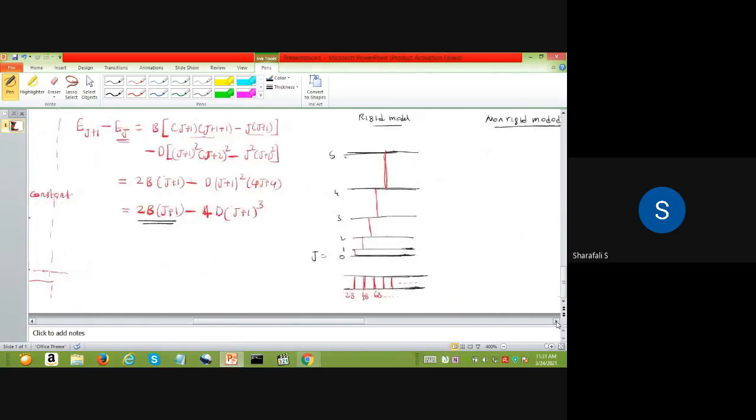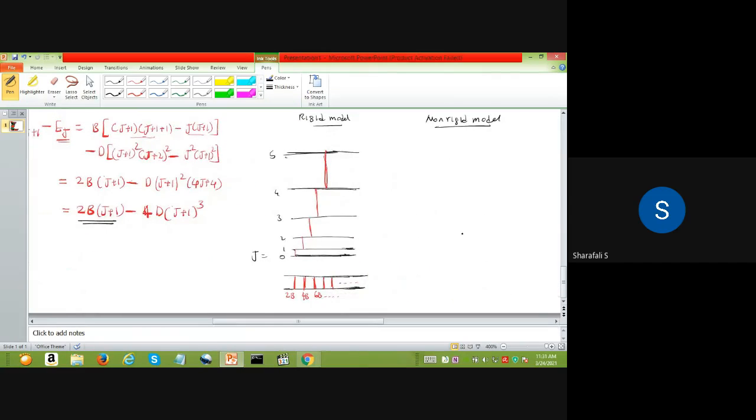This means that in the non-rigid case, your energy levels will be slightly decreased. If this is your 0, that 0 will be the same because the J equal to 0 case is the same, so it will be on the same line. From the next level onwards, you'll have a very slight difference.